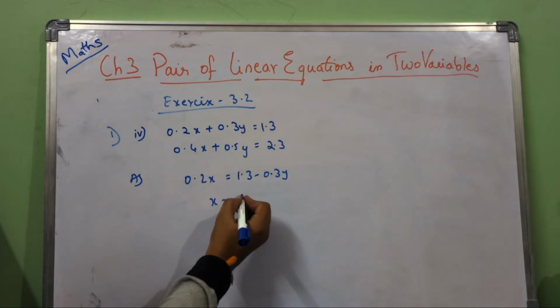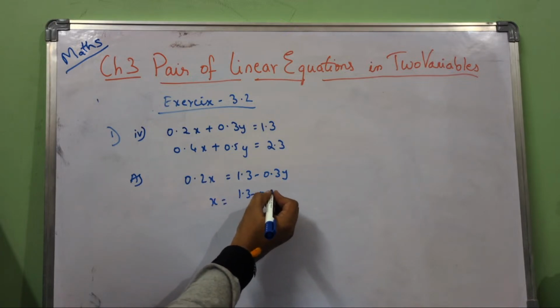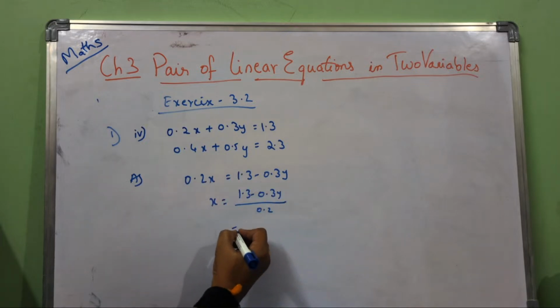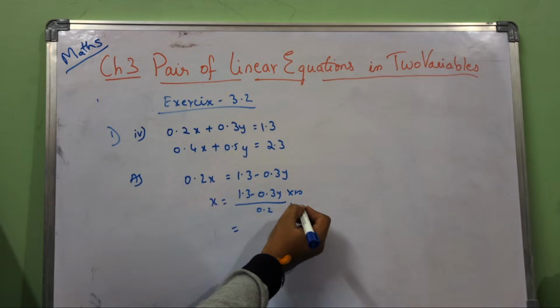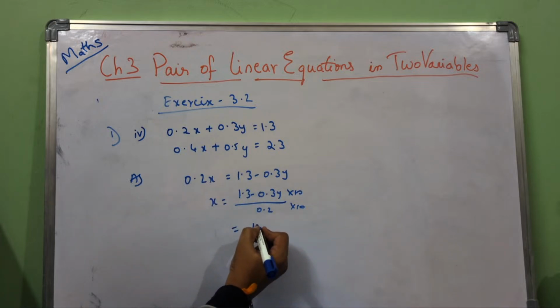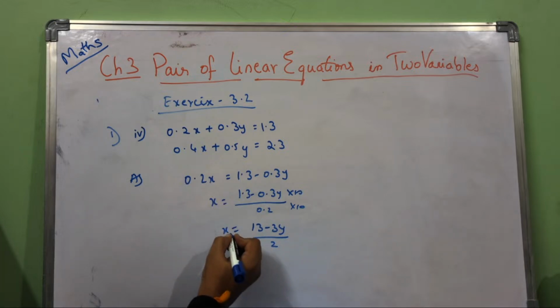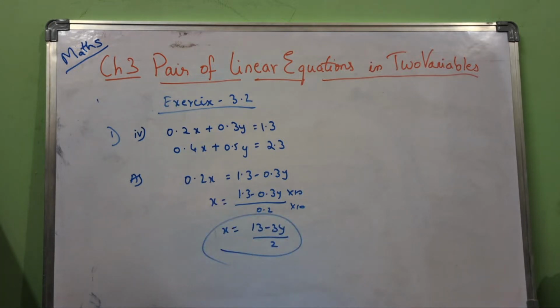So x becomes 1.3 minus 0.3y by 0.2. Multiply by 10 on both numerator and denominator so that you can eliminate the decimal points. So this becomes 13 minus 3y by 2. Now substitute this value in the second equation.